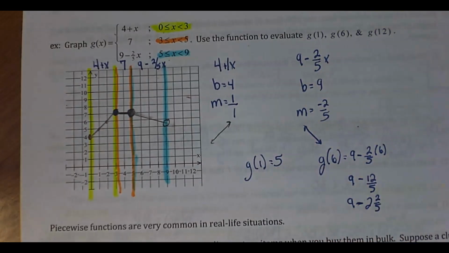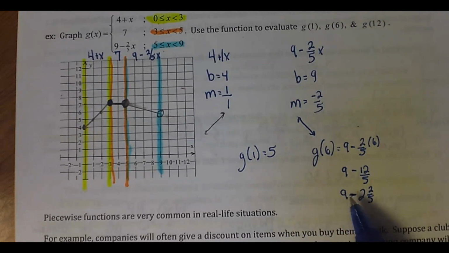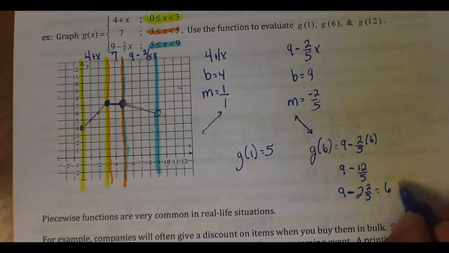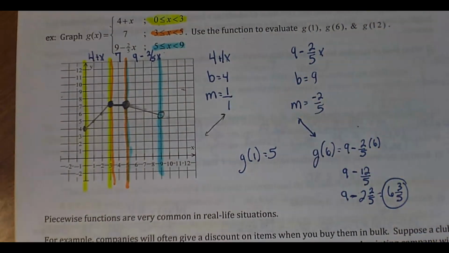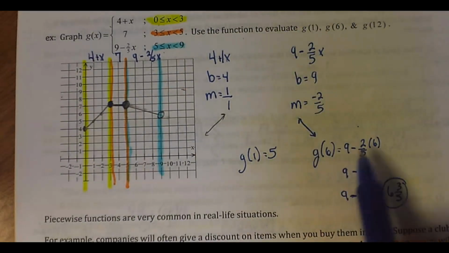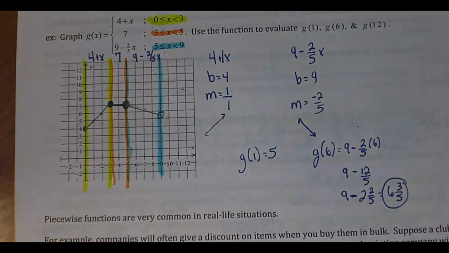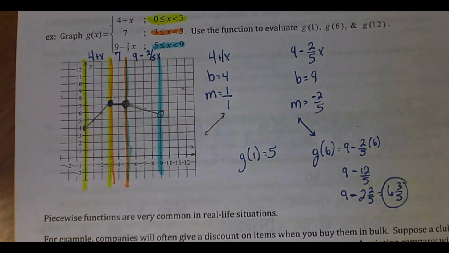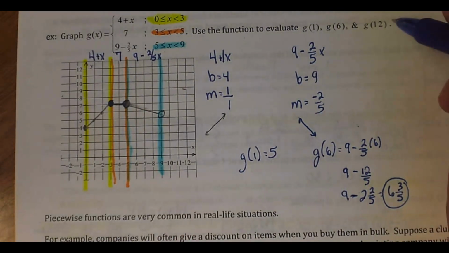You could also just type this into your calculator. So 9 take away 2 is 7. Take away 2/5 from that, and it's 6 and 3/5. And some of you are like, what? What are you talking about? That's all stuff that you learned in middle school. But otherwise, just type it into your calculator, and you'll get 6.6 as a decimal, which seems to be right about 6.6.